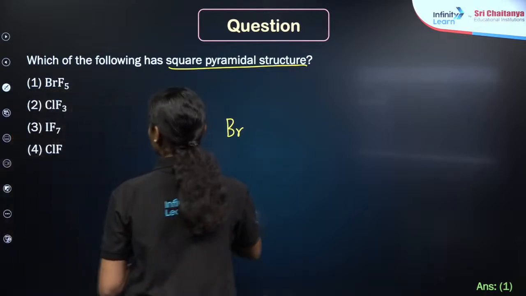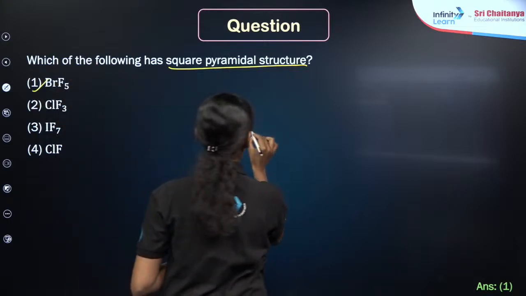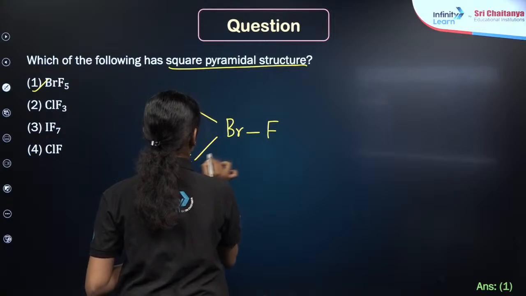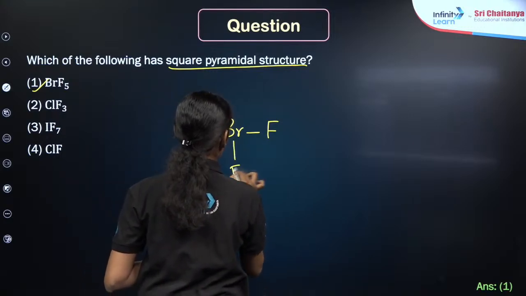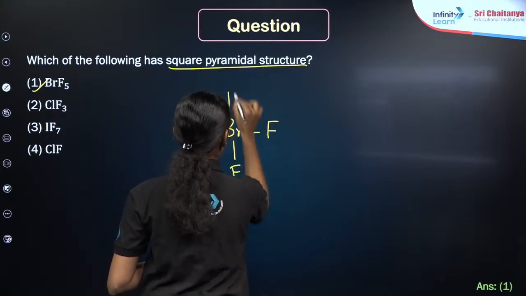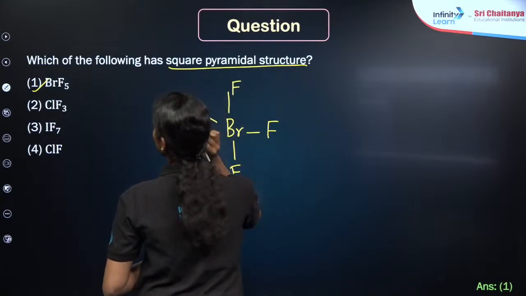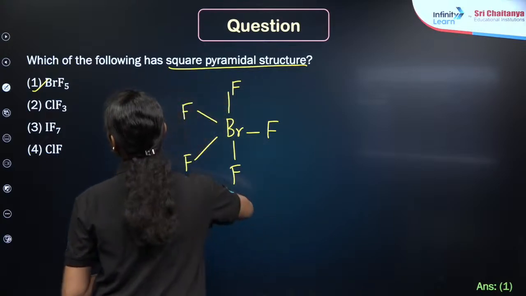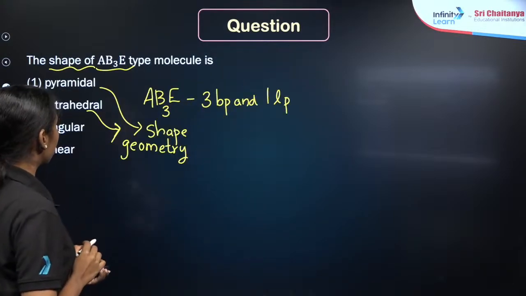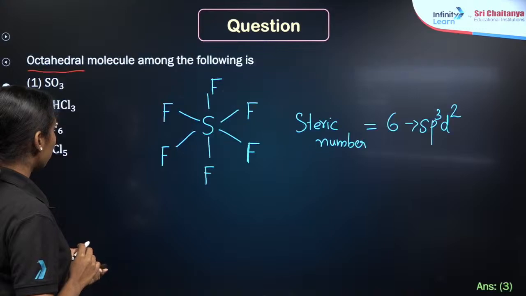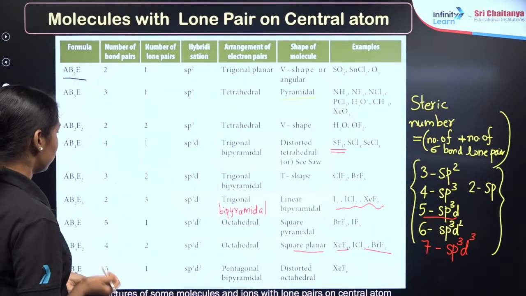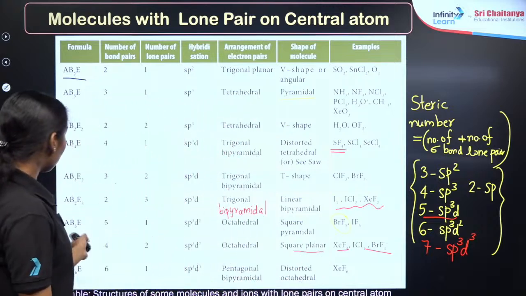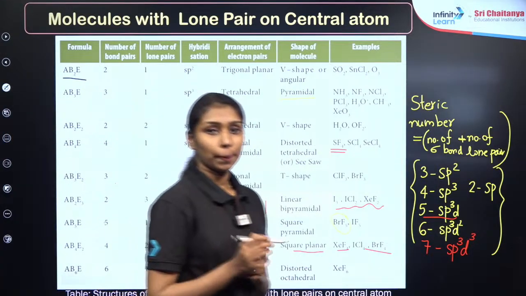BrF5, right? Option 1, BrF5. BrF5 belongs to the AB5E type, which means 5 bond pairs and 1 lone pair.